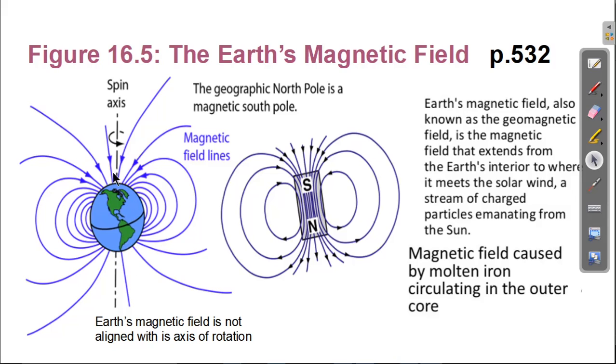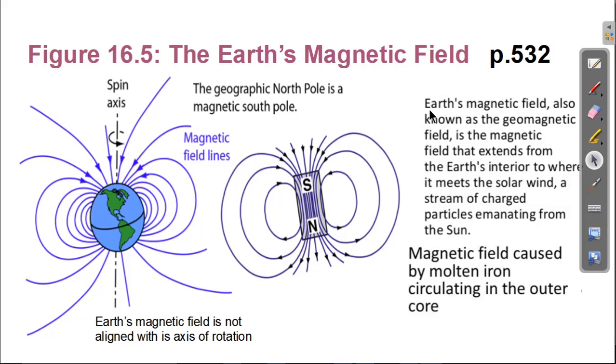The geographic North Pole is really a magnetic South Pole, and your geographic South Pole is really your magnetic North Pole. Not only that, but hopefully you already know that your poles are not exactly on the axis on which Earth spins. They are a tiny bit to the side, just so you know. They are tilted.